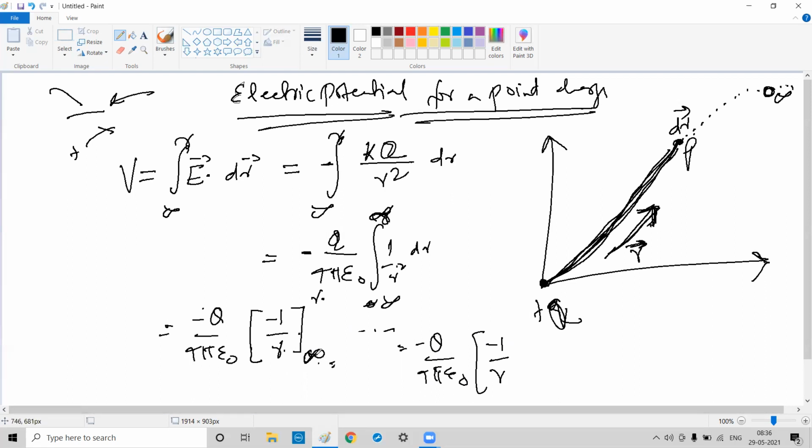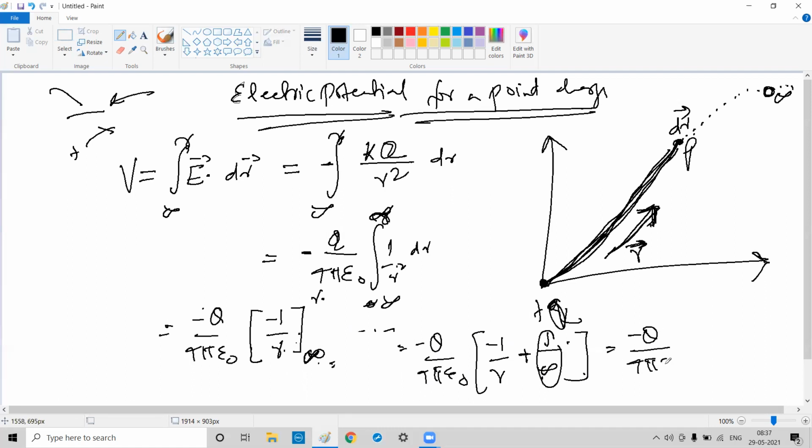Next substitute infinite in place of r: minus minus one is plus 1 by infinite. And 1 by infinite, you know very well, becomes 0.